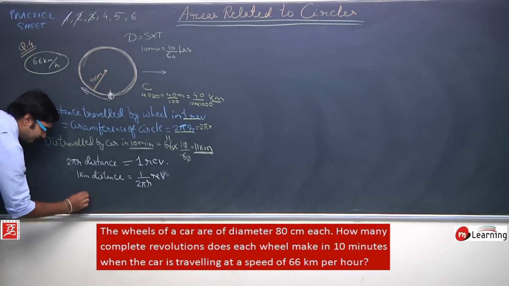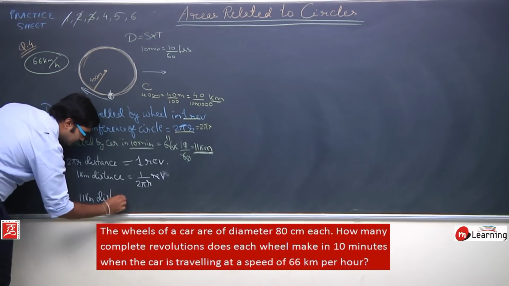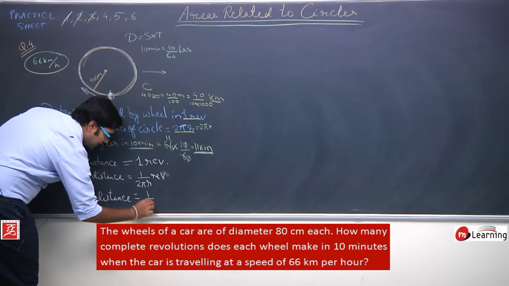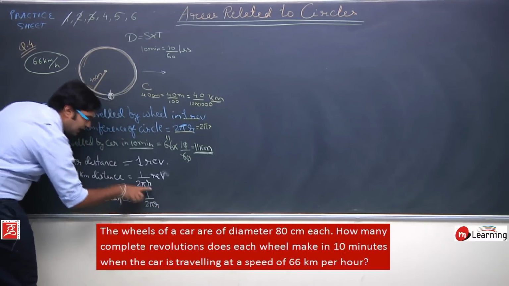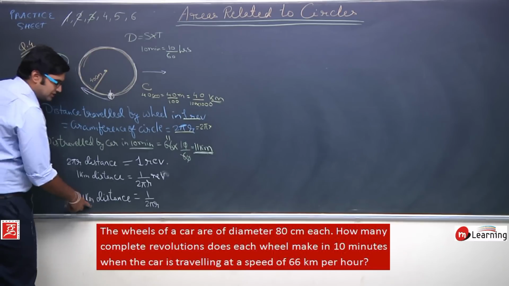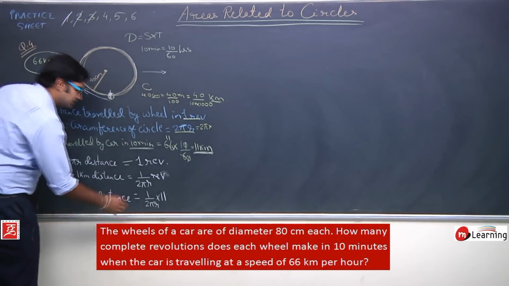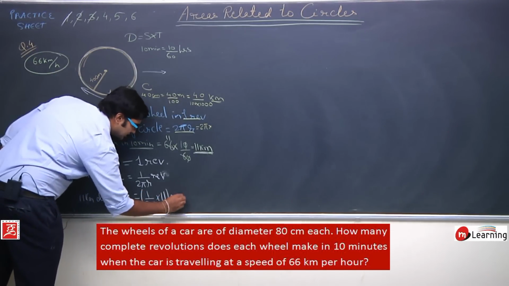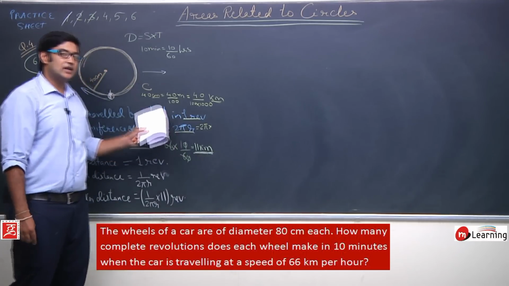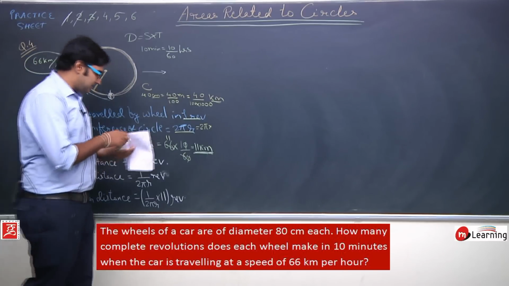So it means 11 kilometer distance is equivalent to 1 upon 2 pi r, where r is in kilometers. So 11 kilometer distance will be 1 upon 2 pi r into 11. This many revolutions the wheel will make when the car travels for 10 minutes at a speed of 66 kilometers per hour. So what does this mean?